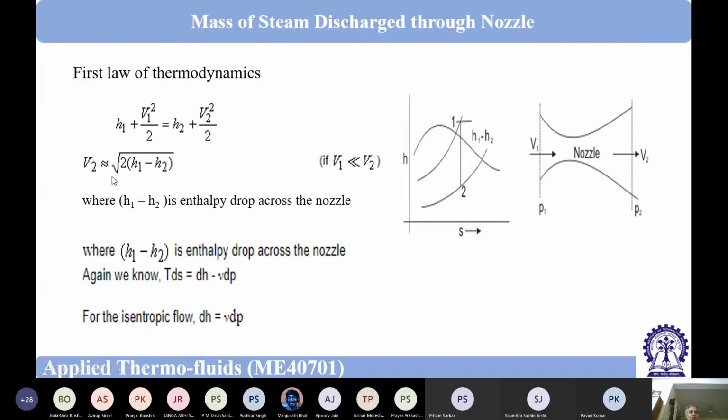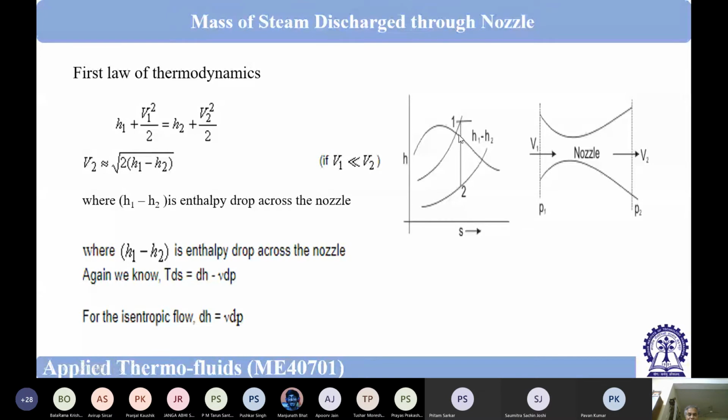Then V2 is almost equal to root of 2 times (H1 minus H2), because V1 is very small, where H1 minus H2 is the enthalpy drop across the nozzle. So TdS is equal to dH minus VdP, and if it is isentropic flow, then dH is equal to minus VdP.